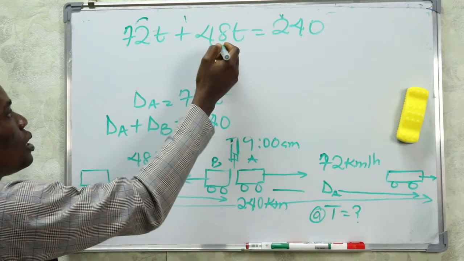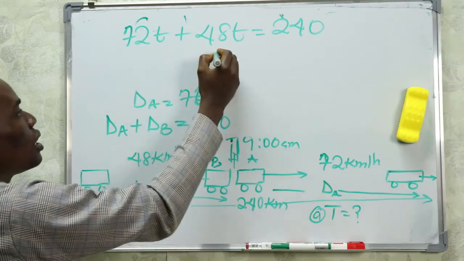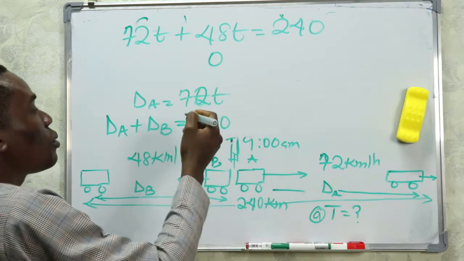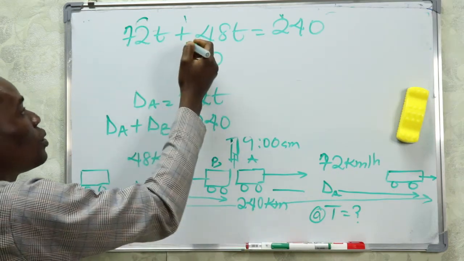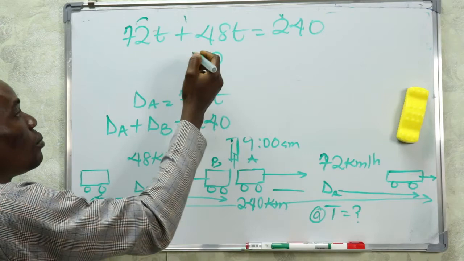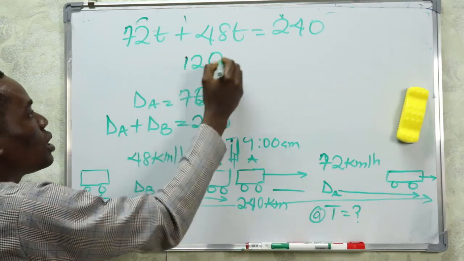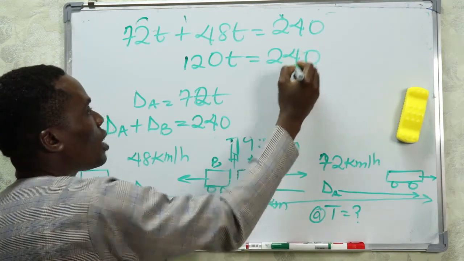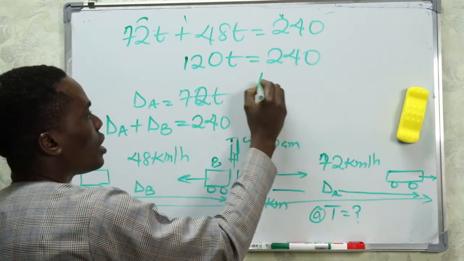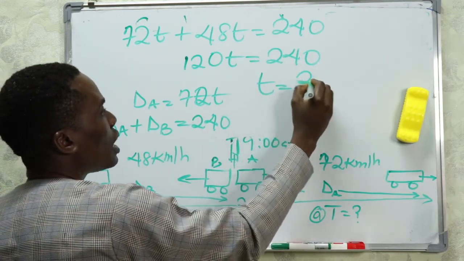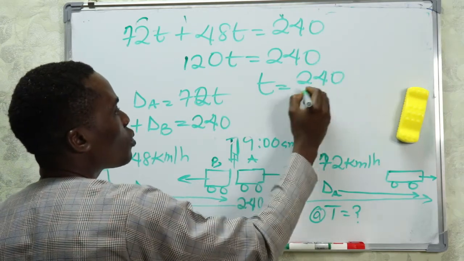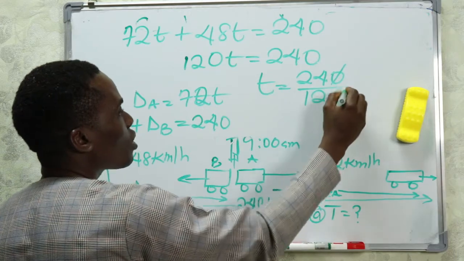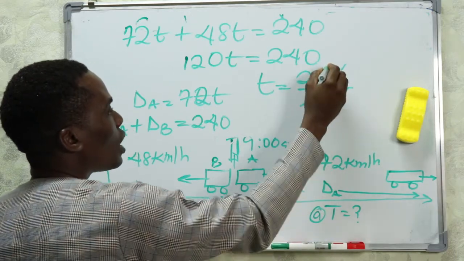Now this plus this: 8 plus 2 is 10, you write 0, you carry 1. 7 plus 4 is 11, plus 1 is 12. That is 120T equal to 240. So our T, the time for that travel apart, will be equal to 240 divided by 120.